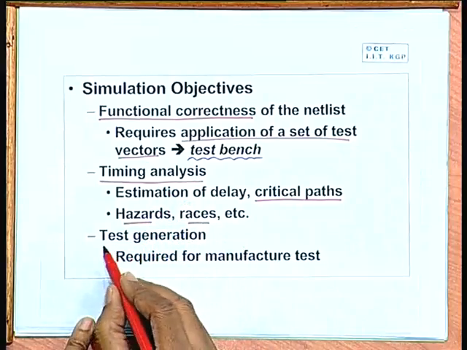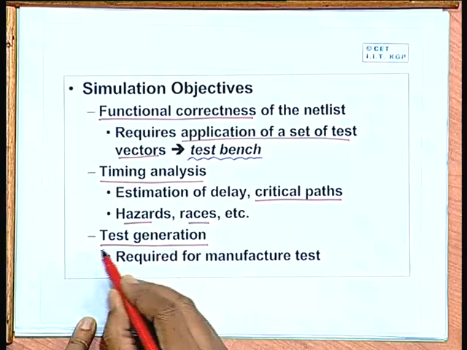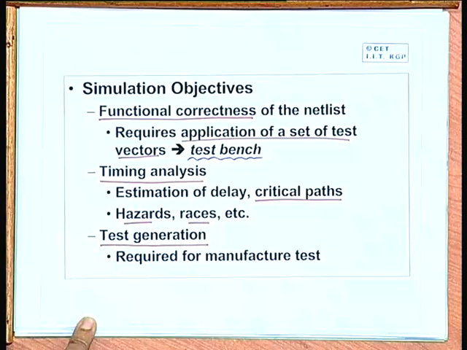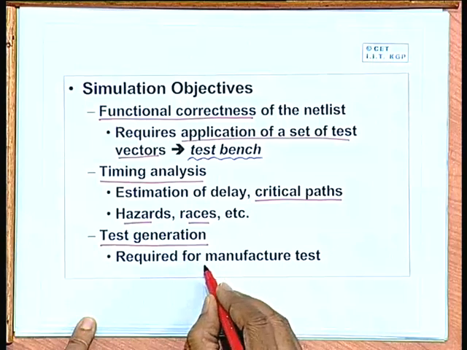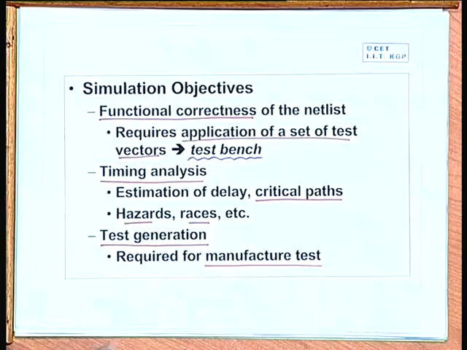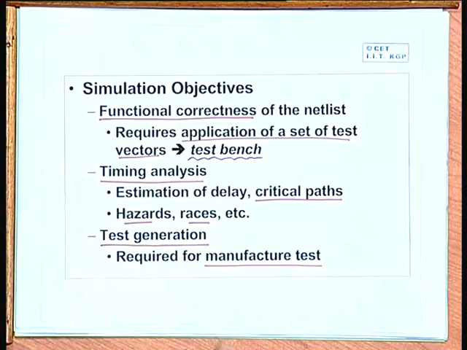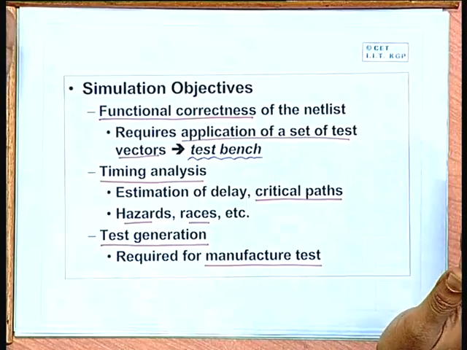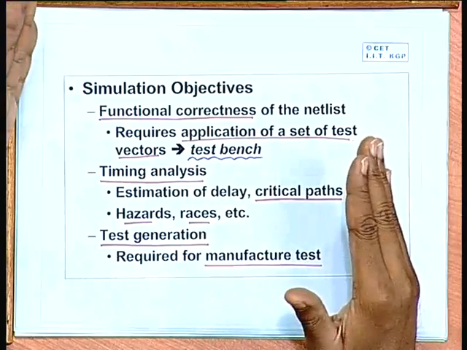Thirdly, there is another simulation objective which is also a very important process. This is something called test generation. See, test generation is something which is required for manufacture test. Well, what is manufacture test? See, you have a design and you have done some kind of synthesis on it.